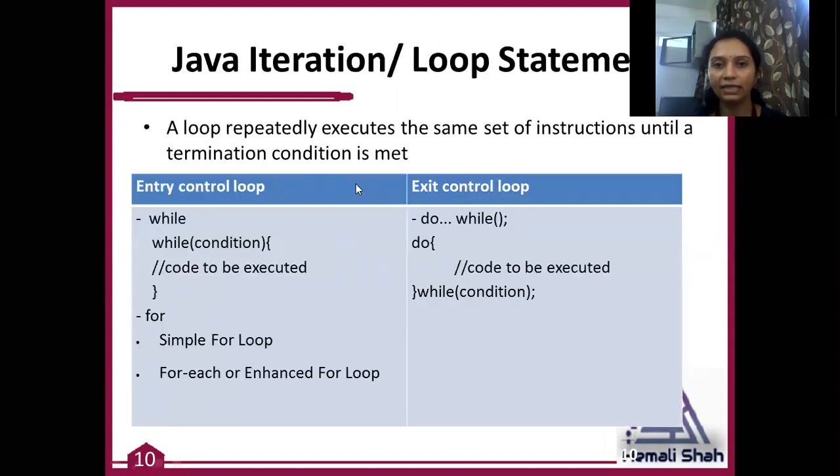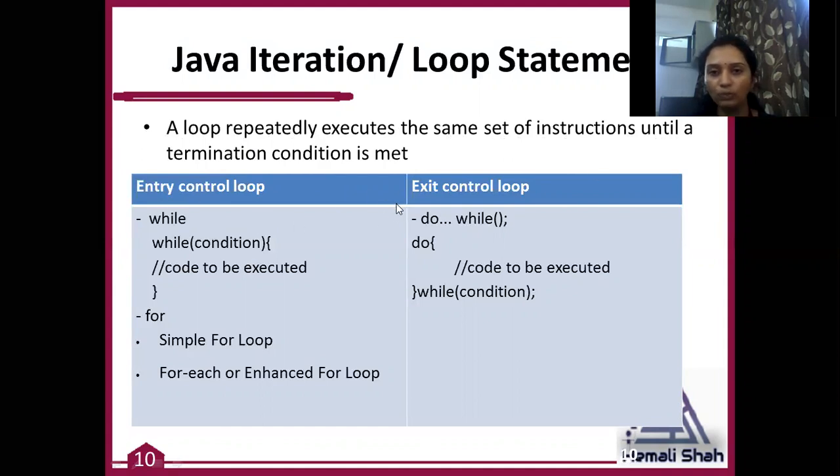Now iteration. That means if you want to repeat some code of your program, some set of instructions, at that time you can use the iteration statements. These iteration statements repeatedly execute the same set of instructions until the termination condition matches.